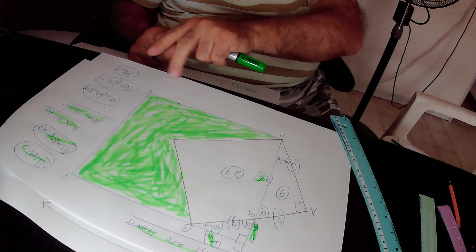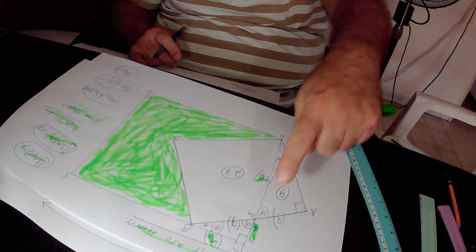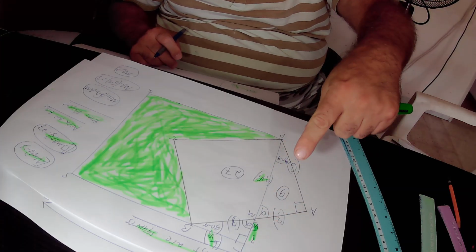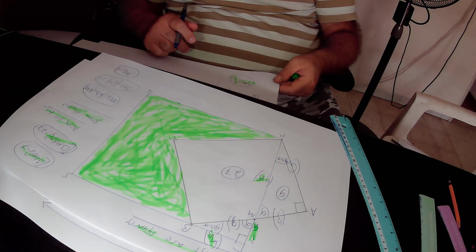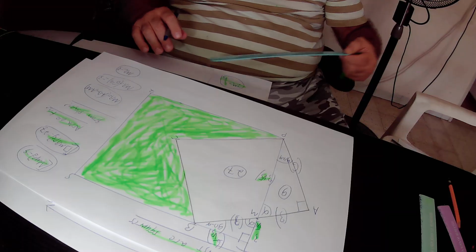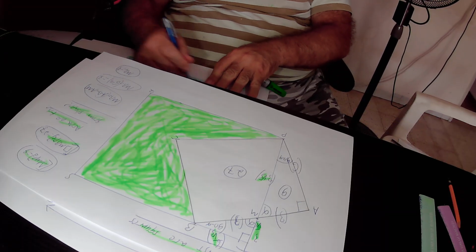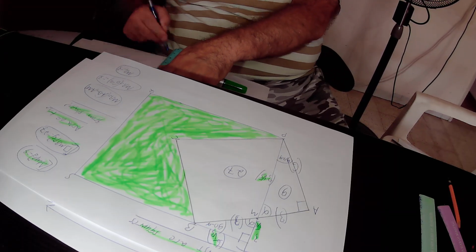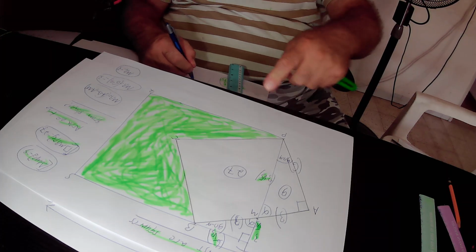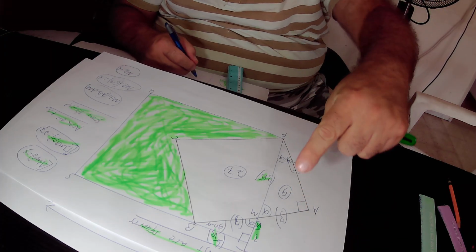What is the length of side TP? TP in total equals TM plus MP. So TP equals TM plus MP.